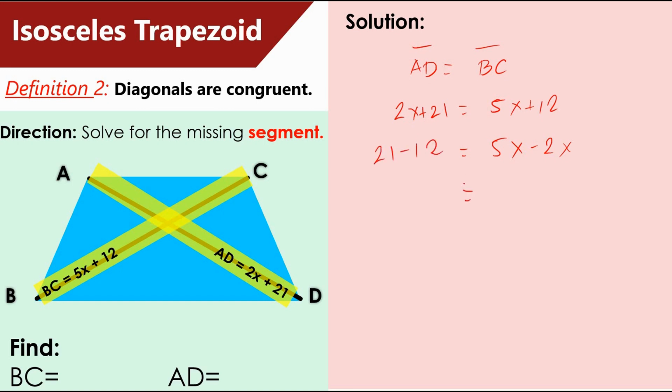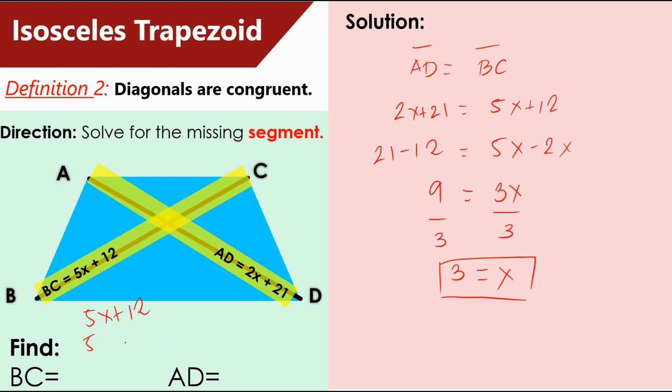Let us now combine the similar terms. So 21 minus 12 is equal to 9, while 5x minus 2x is equal to 3x. Let us now divide both sides by 3. That would mean the value of x is equal to 3. Okay, let us now substitute this value of x to our equation. For segment BC, this is equal to 5x plus 12.